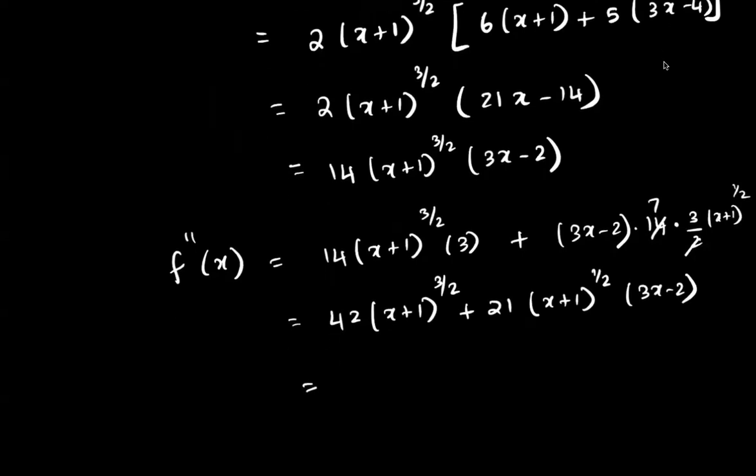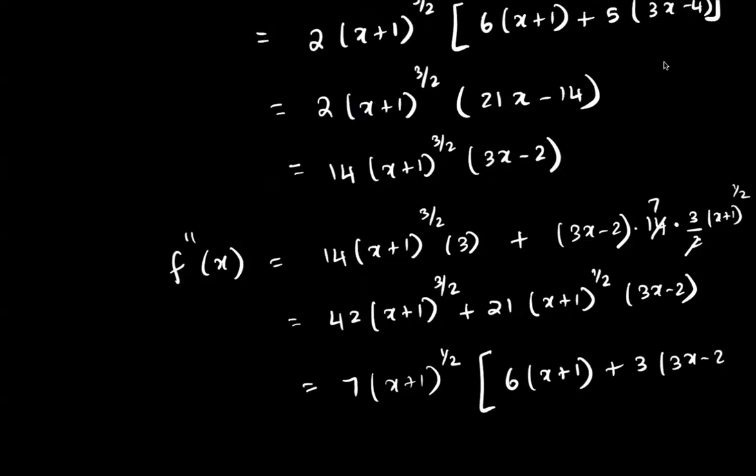Factor. So here my common factor is going to be 7 (x+1)^(1/2), which gives me 6 times (x+1) plus 3 times (3x−2).